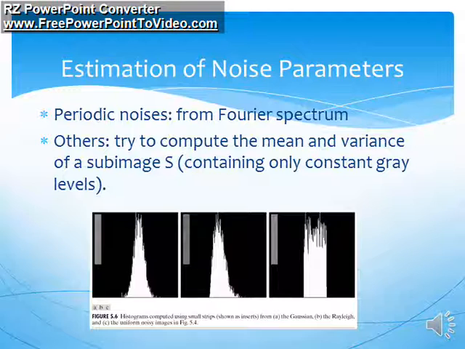The first one is the histogram of a Gaussian noise image, the middle one is a Rayleigh noise image, and the last one is the histogram for the uniform noisy image. So these 3 are examples of different histograms for 3 different noisy images.